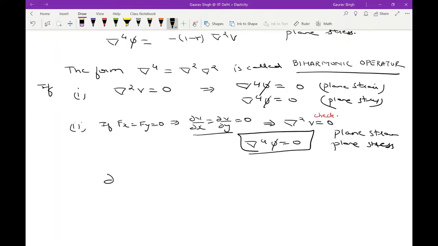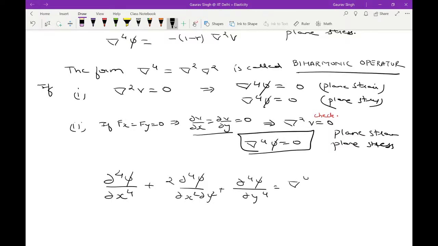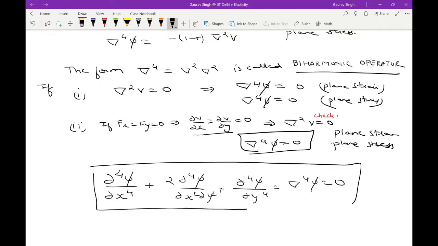So just to write this in a lengthier form, this is the biharmonic equation for both plane strain and plane stress.